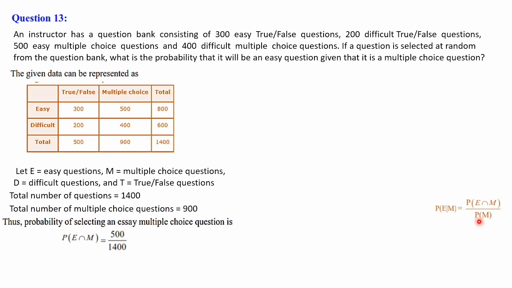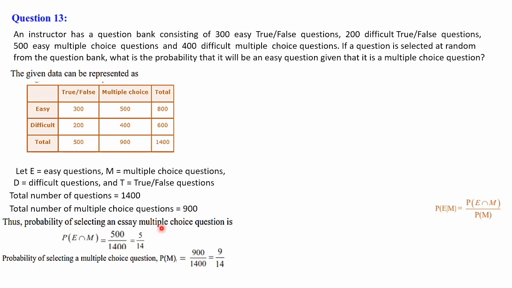Next, P of M. P of M stands for selecting a multiple choice question. Multiple choice questions we have total 900. So 900 divided by 1400, when we cancel zeros, we will get 9 divided by 14.